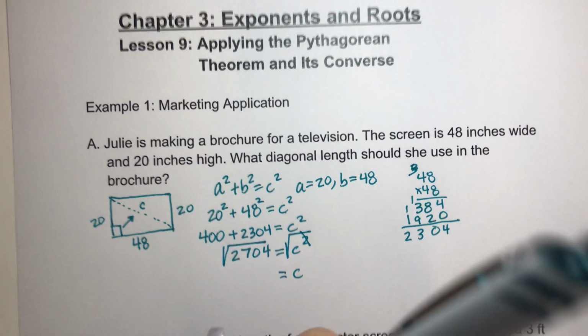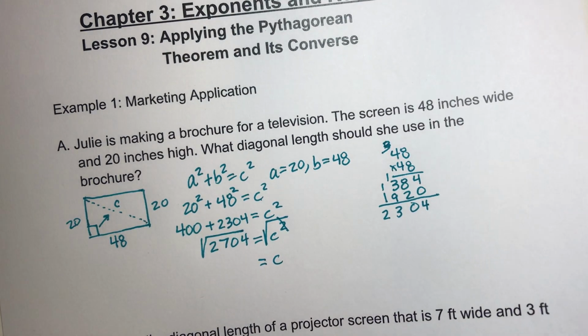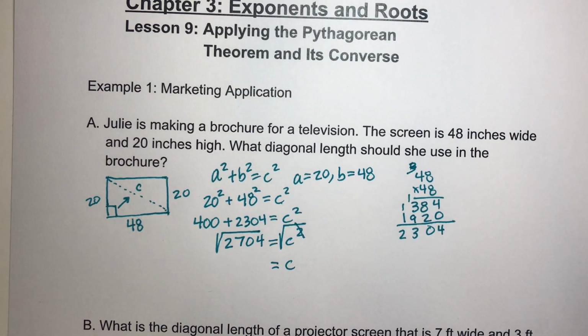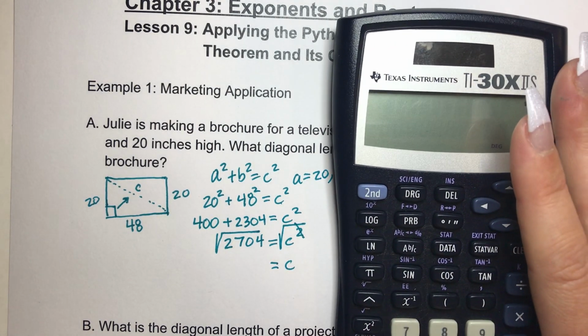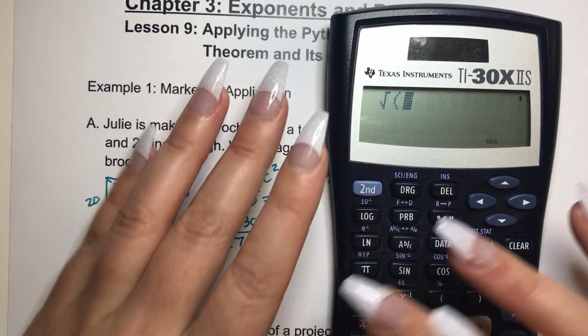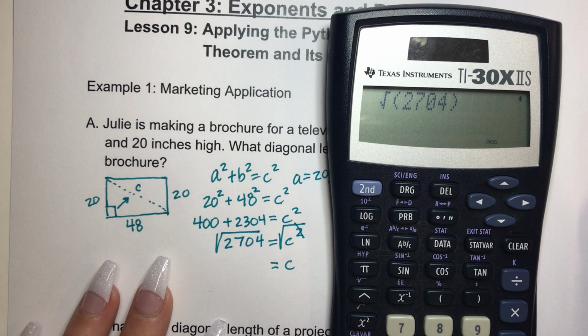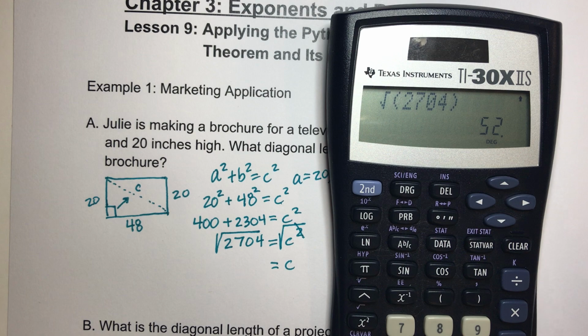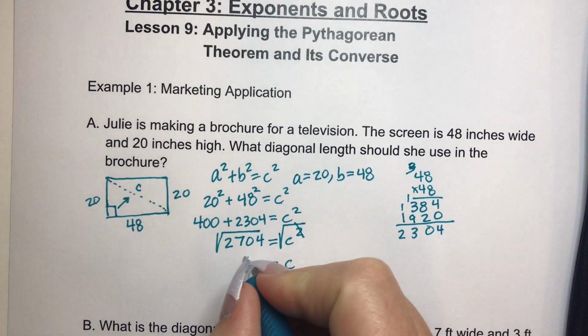We're left with c. Now, I don't know what that is, so I'm just going to put that number into my calculator. The square root of 2,704 is 52. Oh, wow. It's a perfect square number. I didn't even know. 52.